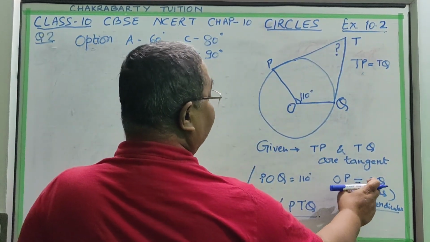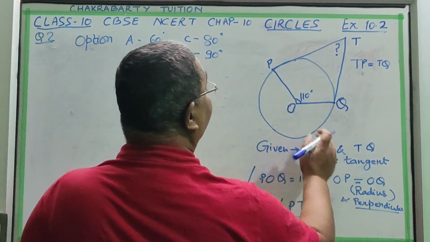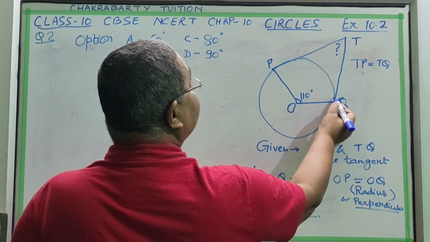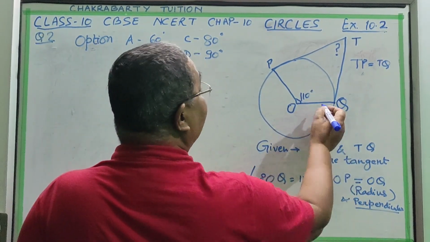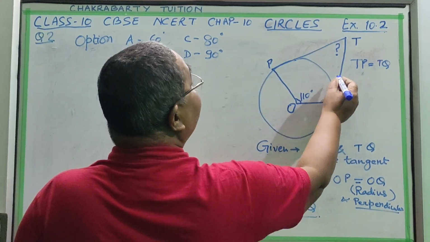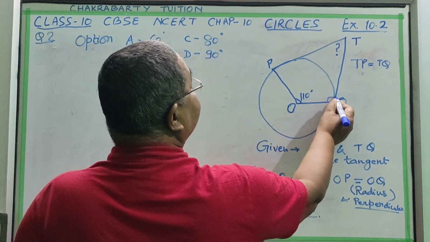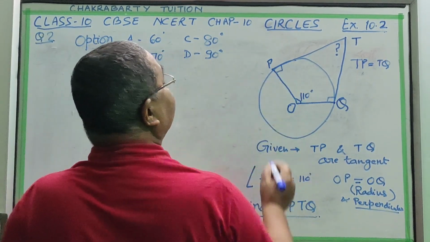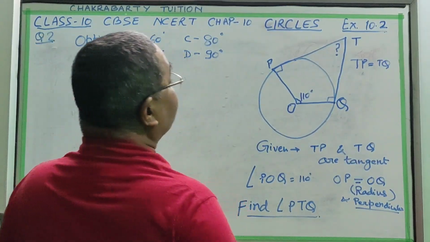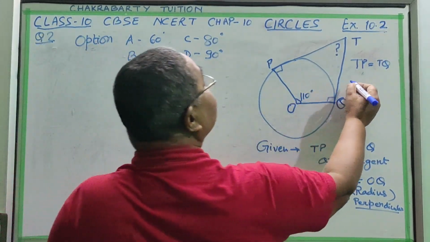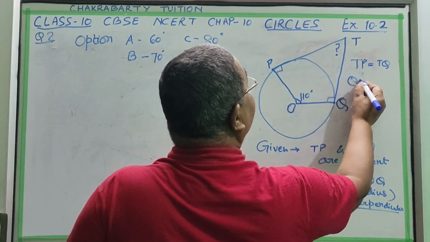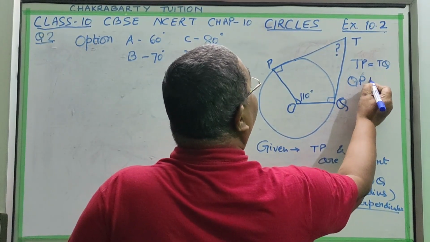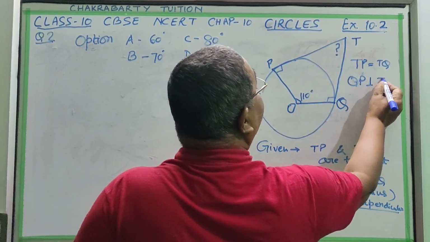So OP equal to OQ, this line will be also equal, and this is the radius. So when radius touches the point of contact, it makes a 90-degree angle. Okay, these will be always perpendicular. So this also you keep in mind, OP is perpendicular on TQ.